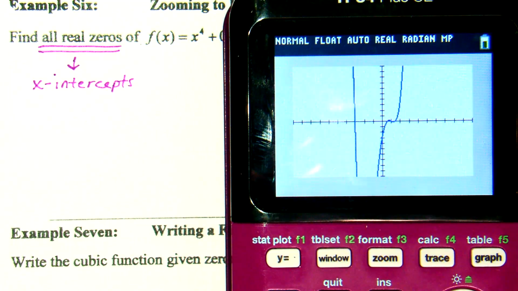Okay. Do I need to zoom out to see the rest of the graph? No, not really, because what are we looking for? X-intercepts. We do need to zoom in though, right? Okay, so the question is, yeah, should we zoom in maybe? Yeah. I mean, here's the deal. Can you tell me right now how many zeros this problem has? 1, 2, 3, 4, 5. 4 or 5.